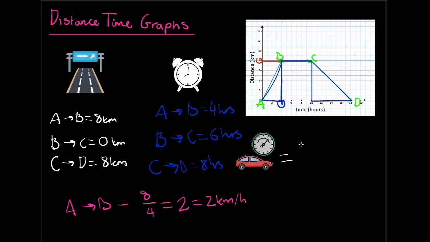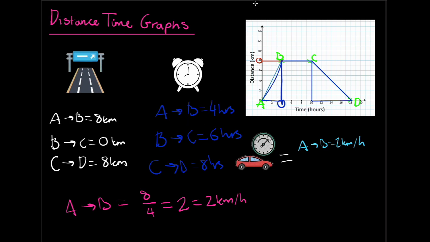So right there, A to B equals 2 km an hour. And B to C, 0 divided by 6. This is because 0 is the distance and 6 is the amount of hours. So 0 divided by 6 is 0.